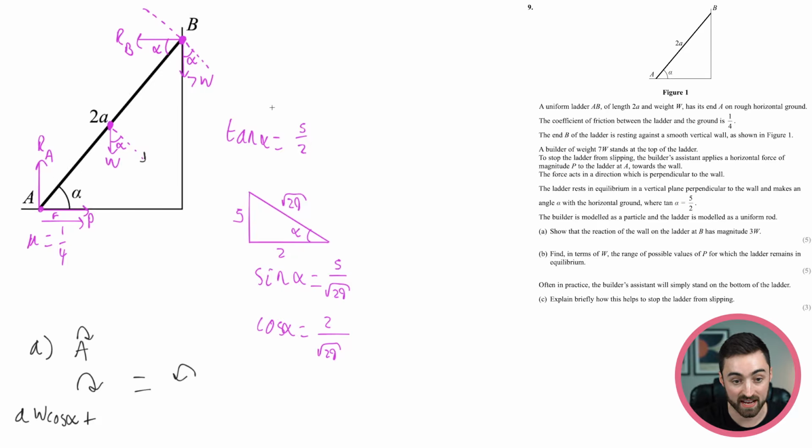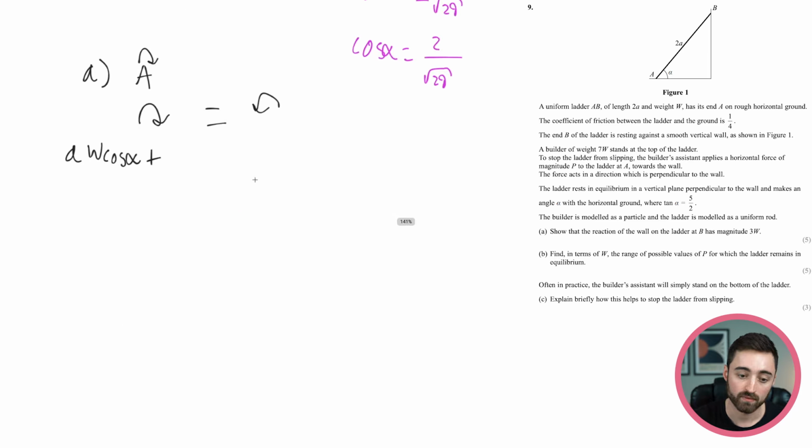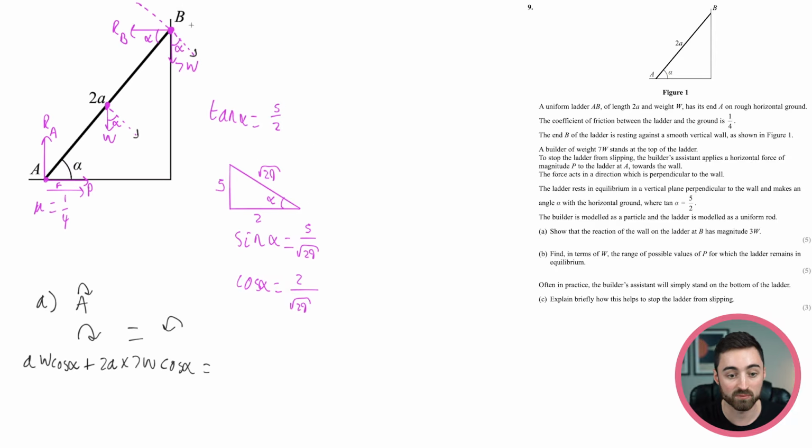Because they're going in that same direction. So it's going to be the distance, which is 2a, multiplied by the component of the force taking it this way. So it's going to be 2a multiplied by 7W cos alpha. And then they're both balanced by the moment produced by this RB, because that's trying to take it the other way. So the distance is going to be 2a.